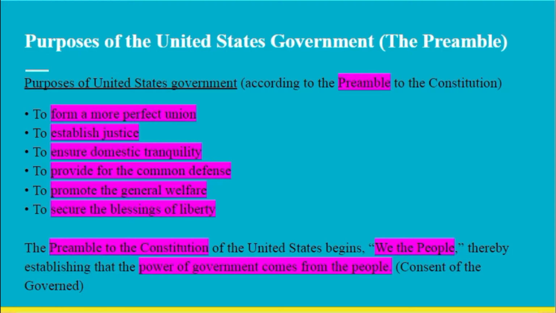The next one is to establish justice, and we want to ensure that the everyday American has the understanding that its government is not out to get you, but it is out to protect you and to make sure that any atrocities against you or against your property are taken care of.